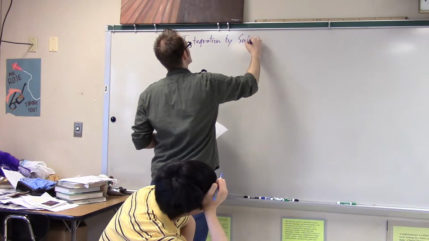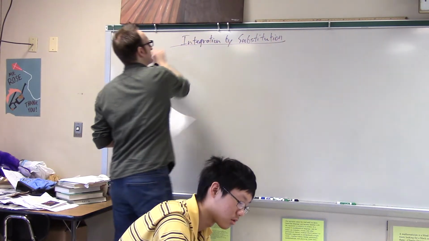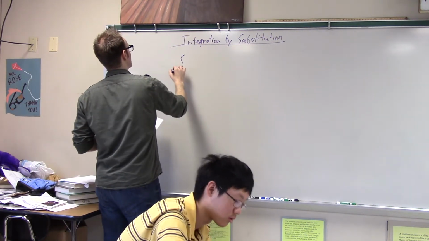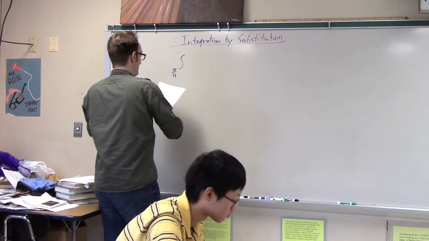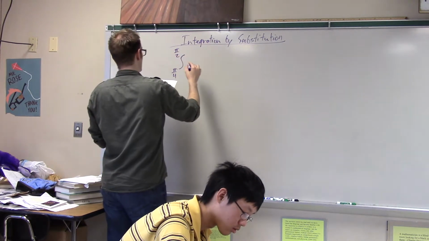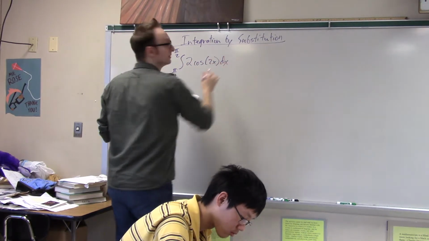How does this work? Well, suppose they give me some integral. I picked a nice example here that explains things well, I think. Take the integral from pi over 4 to pi over 2 of 2 cosine 2x dx.